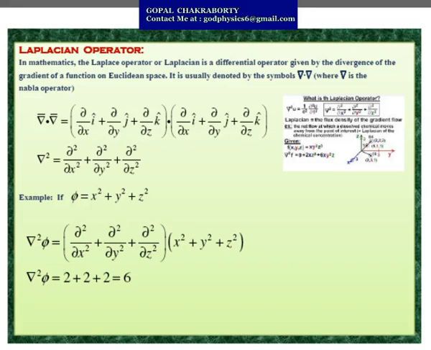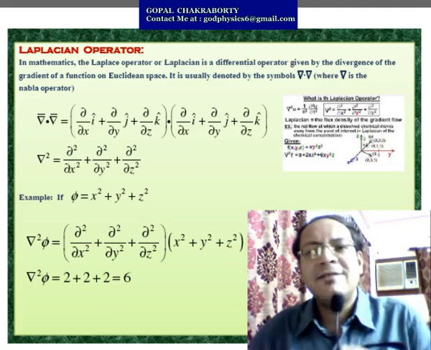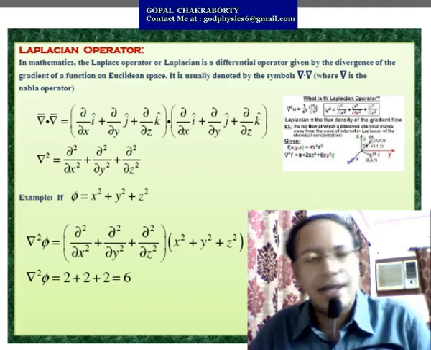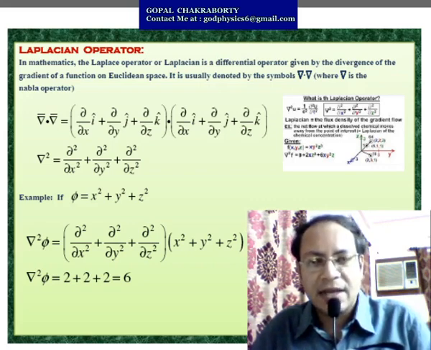In mathematics, the Laplacian operator is stated as the differential operator given by the divergence of the gradient of a function on Euclidean space. It is usually denoted by the symbol del dot del, where del is the nabla operator. So, the vector differential operator del is a vector quantity having value del x i cap, del y j cap, del z k cap.